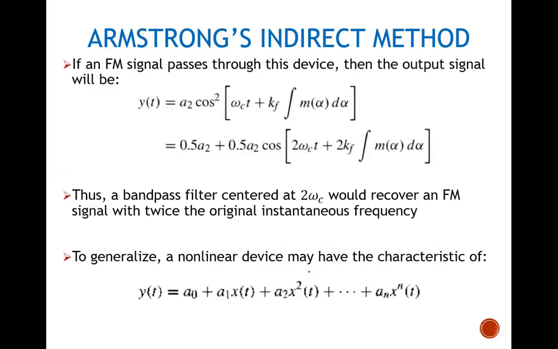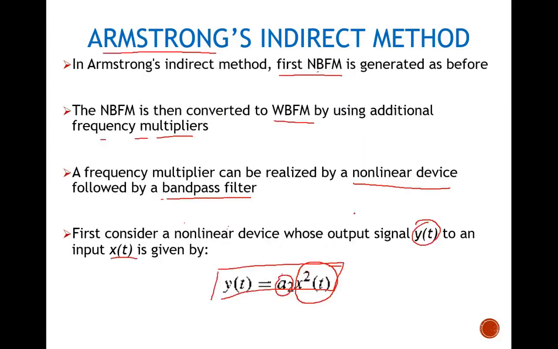So let's say this x(t) is an FM signal. We know from previous knowledge that the expression for an FM signal is A cos(omega_c t + k_f times the integral from minus infinity to t of m(alpha) d alpha), where k_f is the FM constant and we have an integral of the baseband signal.